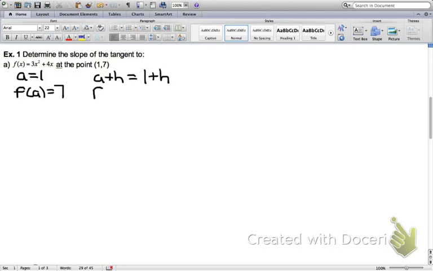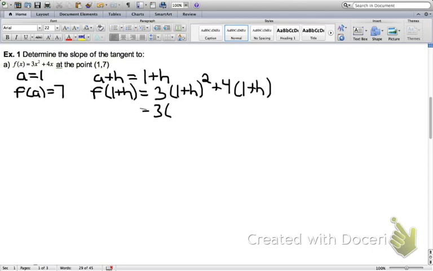We can then find the value of f at 1 plus h by subbing it into our equation. So we will just sub in for each of the x values 1 plus h squared plus 4 times 1 plus h. We're going to expand, and then we will collect our like terms.